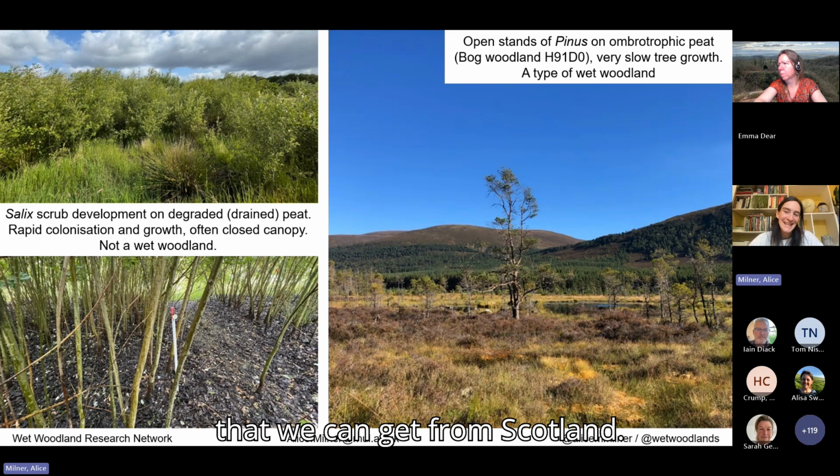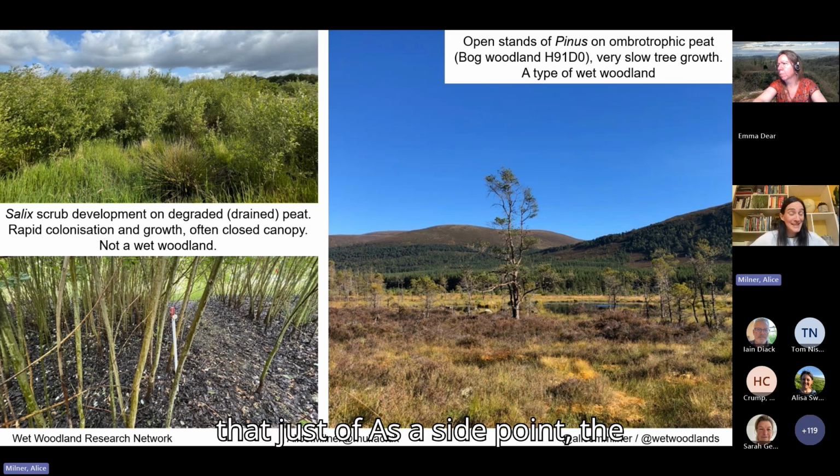It's from Scotland, and that is a type of wet woodland. Even though it doesn't look very wood-like, it has these really slow-growing, stunted trees and a really sparse canopy. Trees are an important part of that system, but they're much more open canopy than what you have on the left.